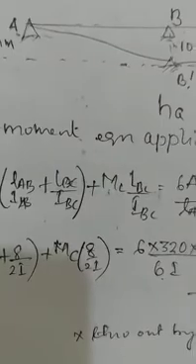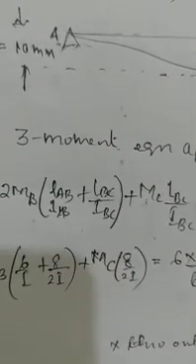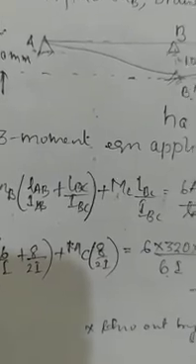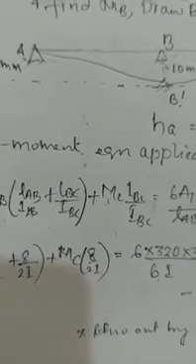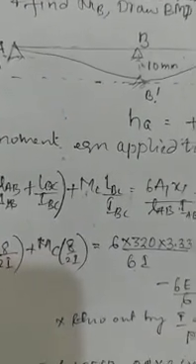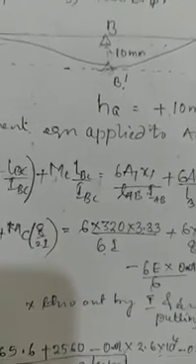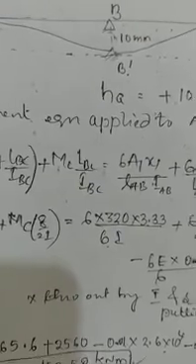Relative to B dash, A will be at higher elevation by 10 mm. The position of A remains the same, no sinking. But B sinks by 10 mm to a position B dash. So relative to the final position of the support B, B dash, A is above B dash by 10 mm. So HA is plus 10.